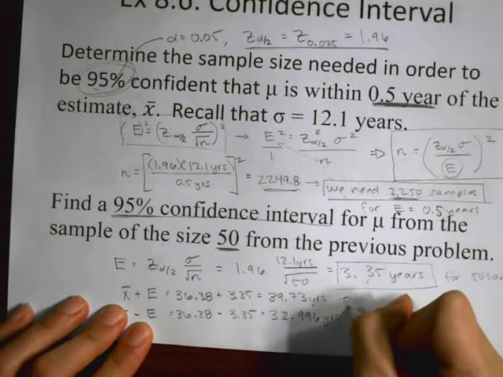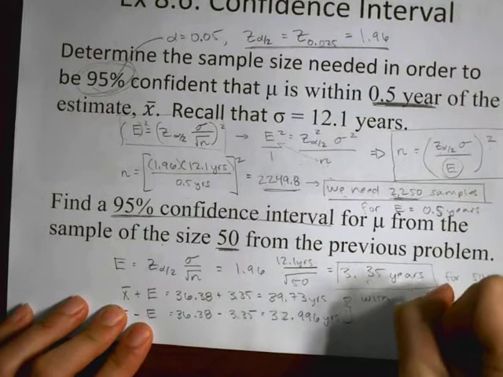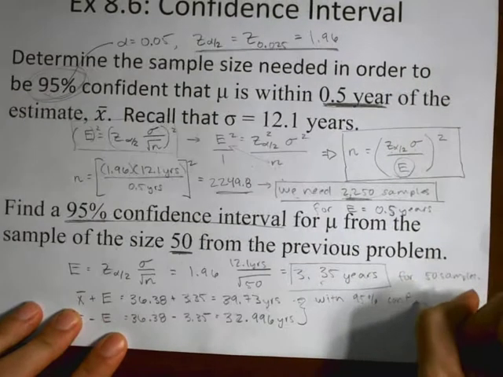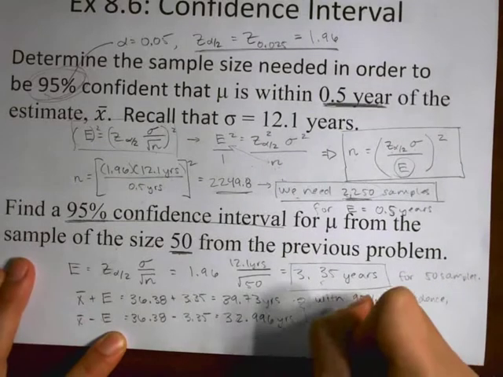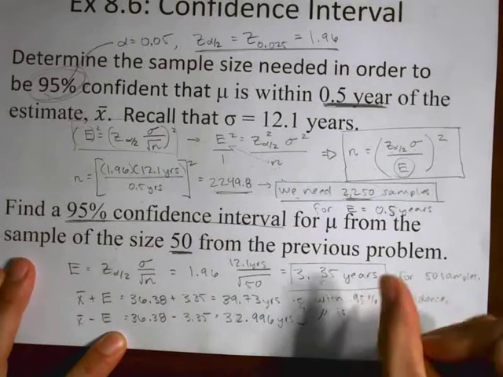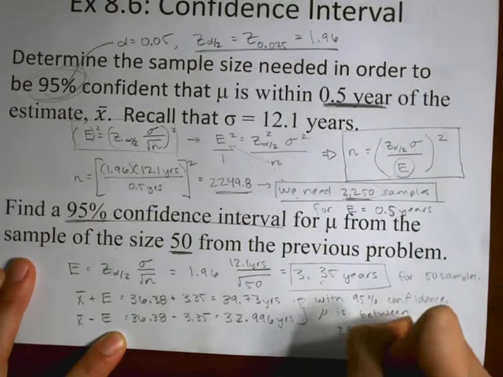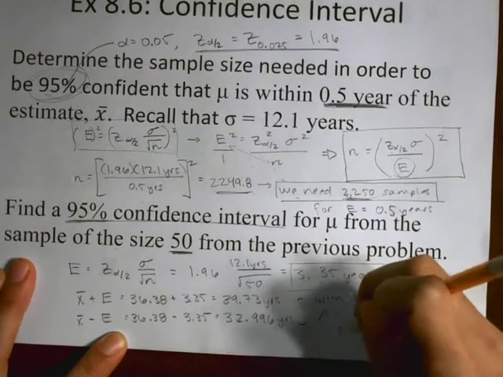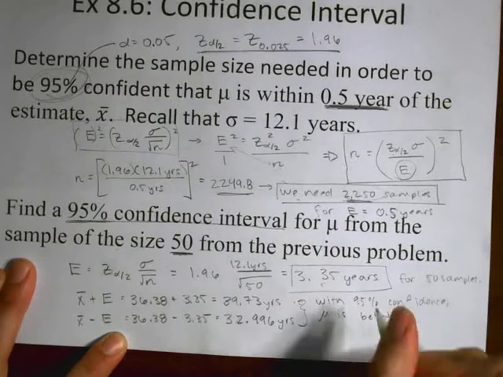Okay, so I've been sort of rounding all of these to 2 decimal places. With 95% confidence, the population mean mu is between 39.73.